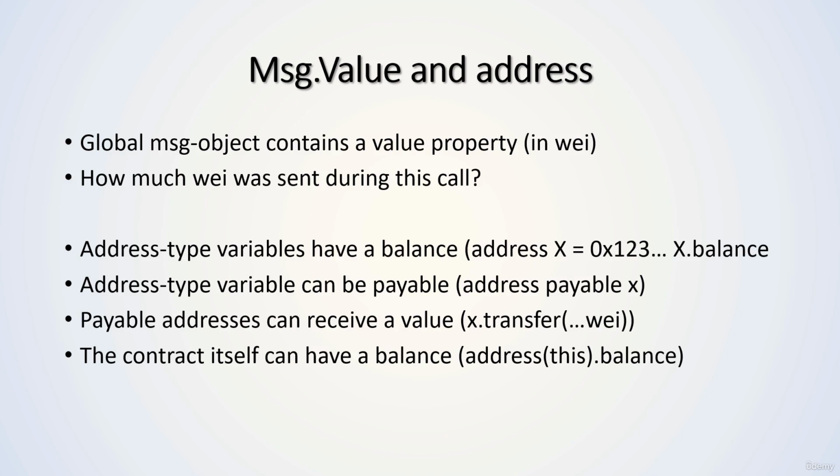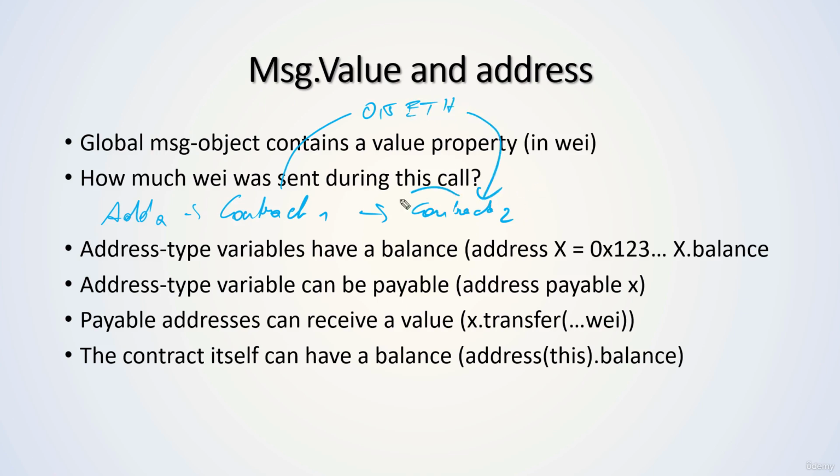And that means, again, like before with message sender, if an address A sends to contract 1 1 ETH, and contract 1 sends to contract 2, I don't know, 0.5 ETH, then over here the message value will be 0.5 ETH.